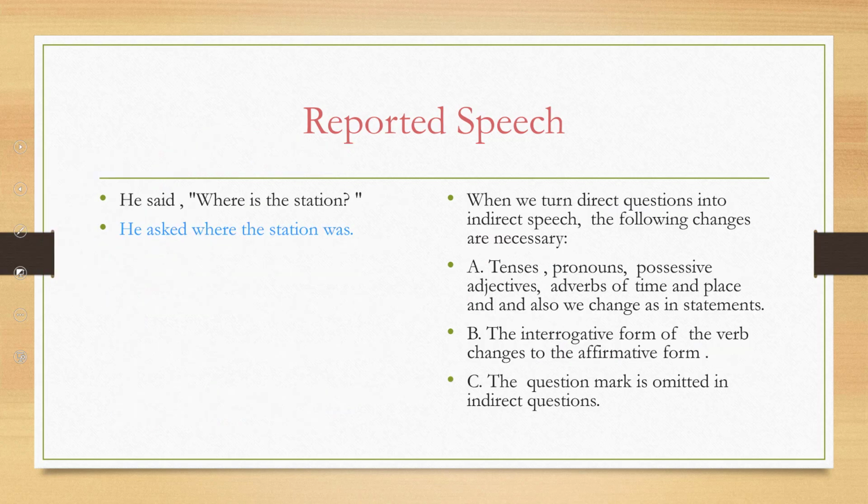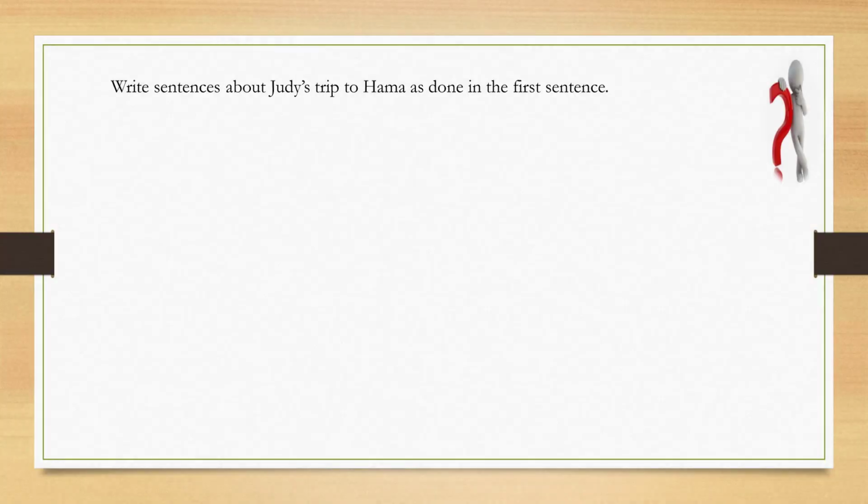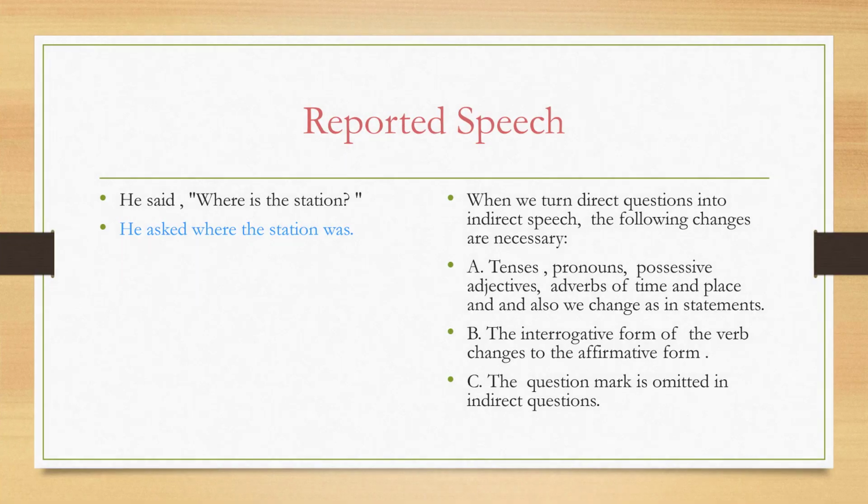Now, we move to a part of question. Now we have reported question. When we report question, we no longer have a question. Look at this sentence. He said, where is the station? The introductory sentence is he asked. First of all, we report the WH word.